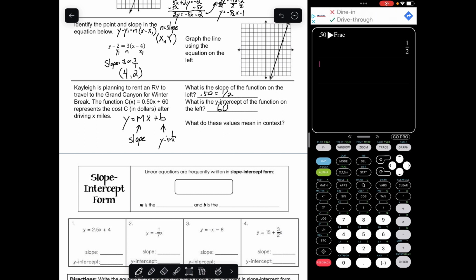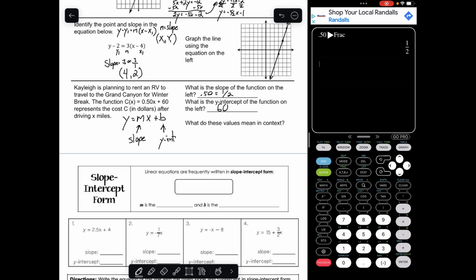So what do these values mean in context? So how much does it cost to rent this RV? Well, what's the y-intercept? We always say it's our beginning point. So when we go to rent this RV, no matter what, whether we drive 1 mile or 100 miles, we are going to be spending $60 to rent this RV, just up front.